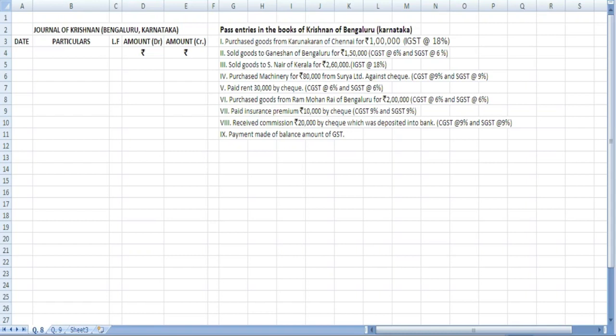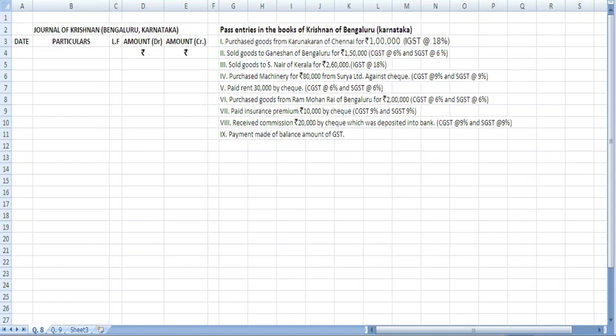Output IGST is collected at the time of sale or at the time of earning income. When your collection is more than what you have given to the government at the time of purchase or expense, that excess becomes your liability.